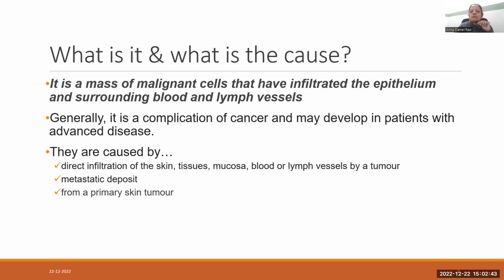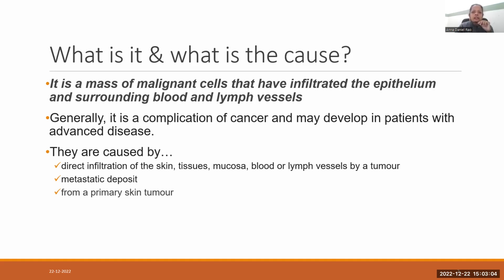From the normal cells which are there, it will transform them into the things which are necessary for its own growth. That is why it becomes very nasty in a very short time period.